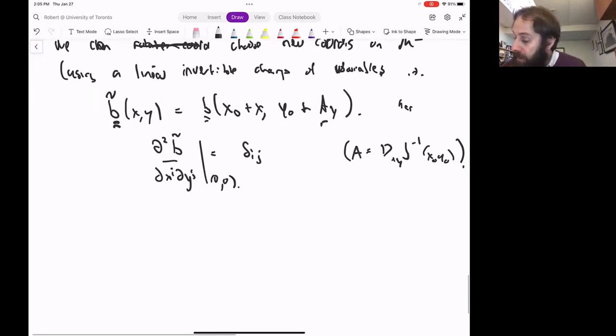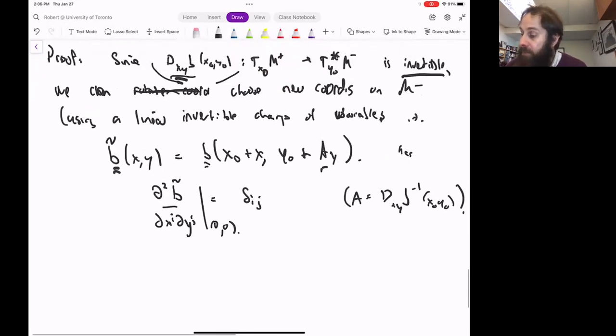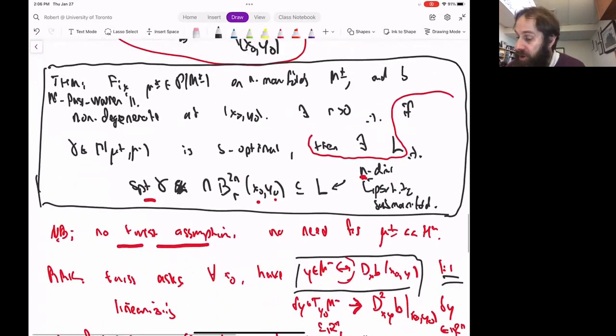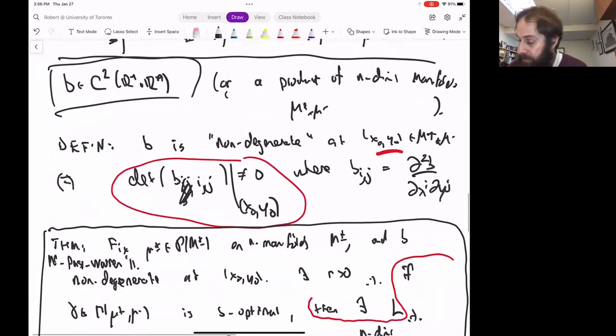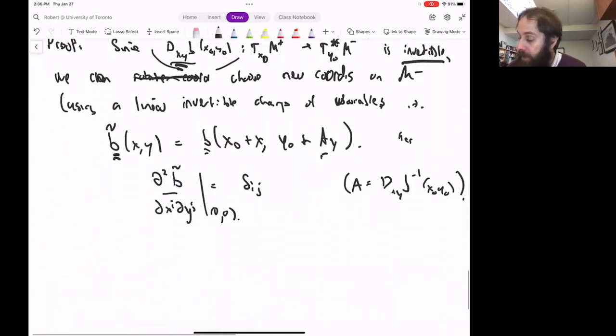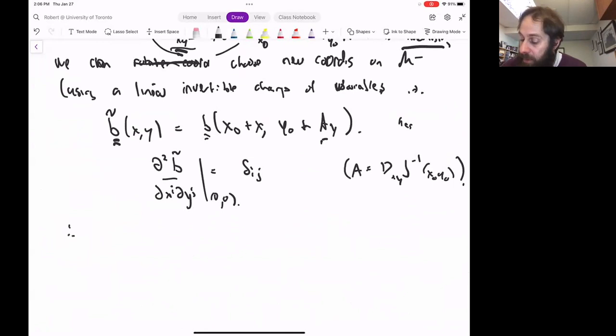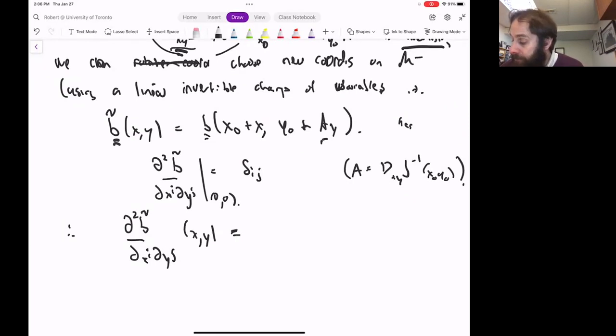And so what does that mean? That means at nearby points, since part of the non-degeneracy assumption is that my cost is C2 in a neighborhood of X naught, Y naught, that means that near the origin, these mixed partials are given by, let's say, minus the identity.